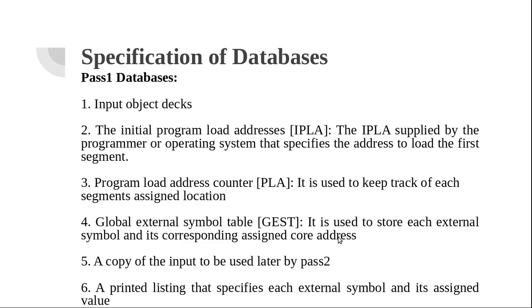That means for each segment there will be a corresponding ESD card, right? So all the symbols we have specified as type SD or LD in the ESD card of that particular segment, whenever we encounter these types of symbols, the loader pass 1 will assign the absolute core address for these symbols.